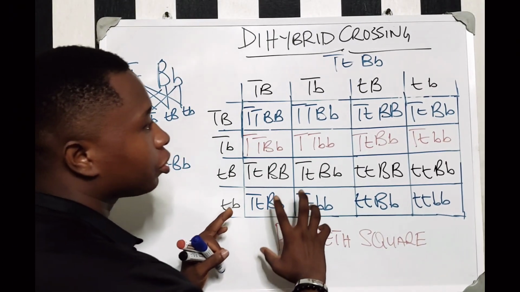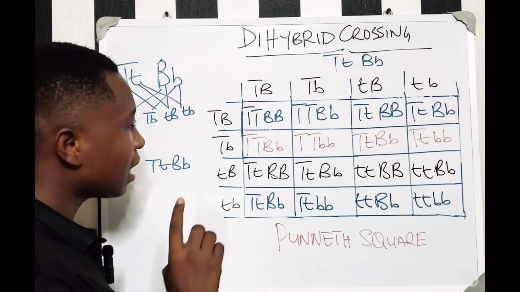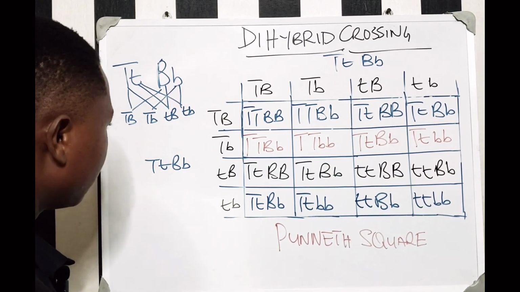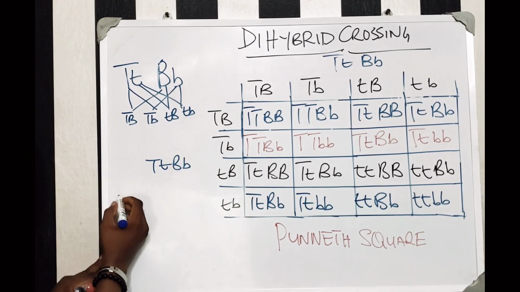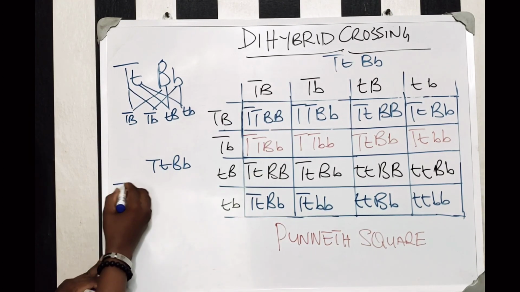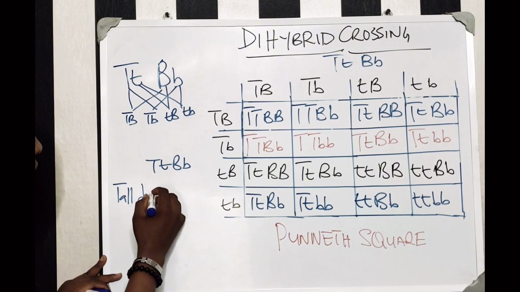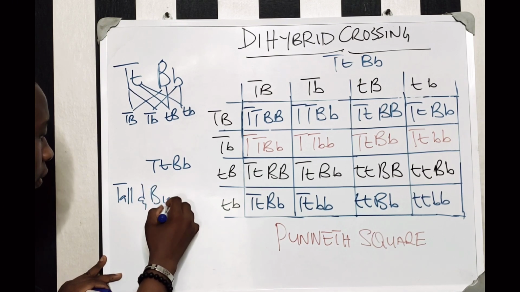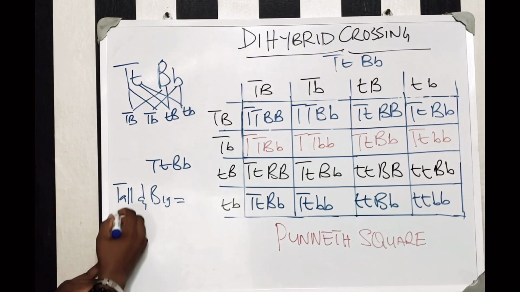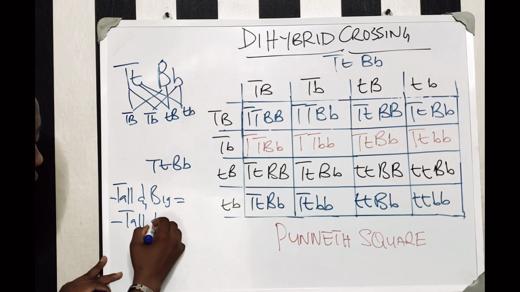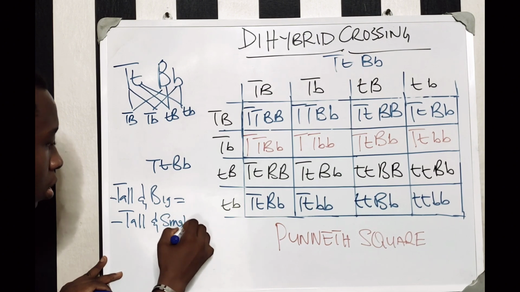So now if you try to calculate this, we are looking out for 4 different characteristics. The first one is tall and big. That's the first one we're looking out for. We're also looking out for tall and small.